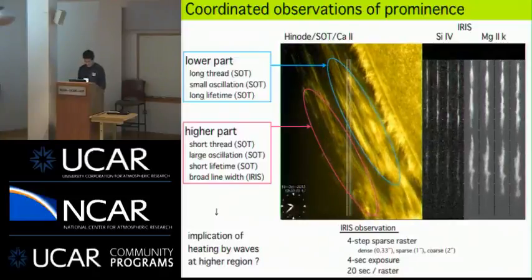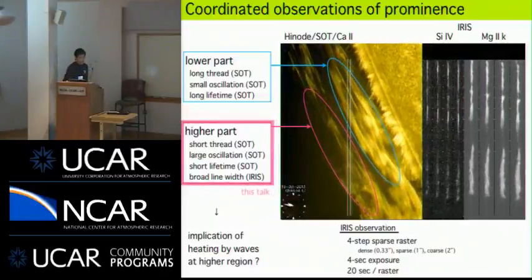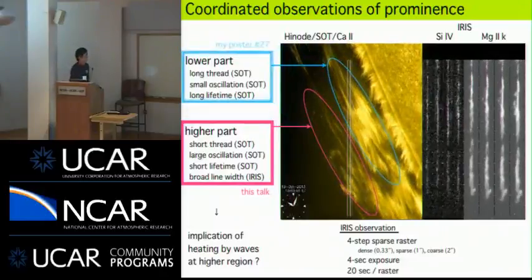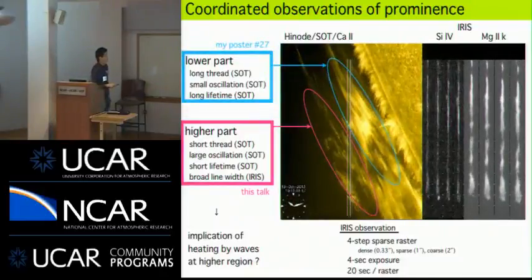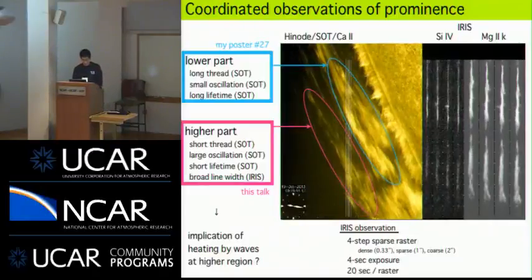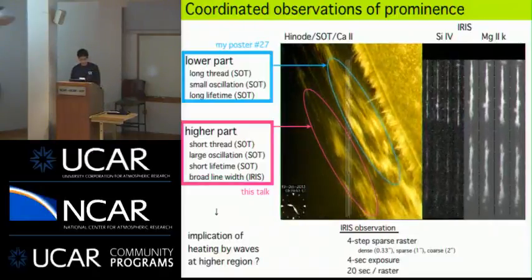So I talk about this one in this talk. On the other hand, the lower region is discussed in my poster, so please come to my poster about the prominence rotation.